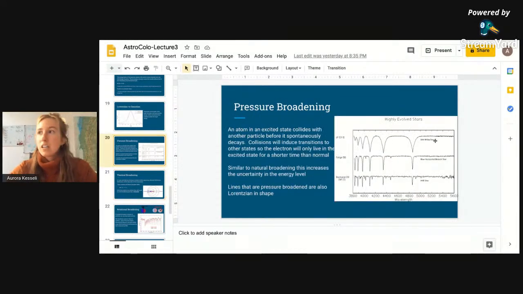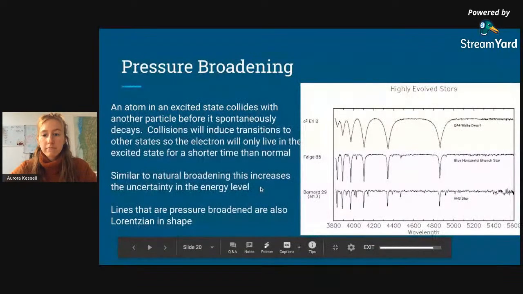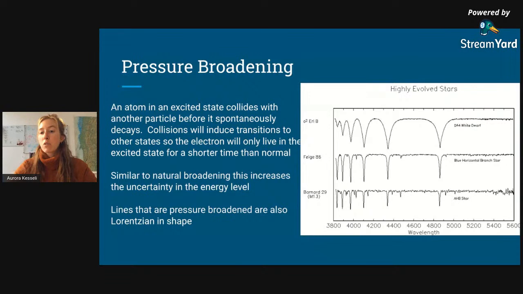So right, here's our spectra, and I think the most common case for pressure broadening that you're going to see a difference is looking at white dwarf stars versus main sequence stars versus giant stars. And you can tell the difference between those types of lines if you have very large changes in pressure.